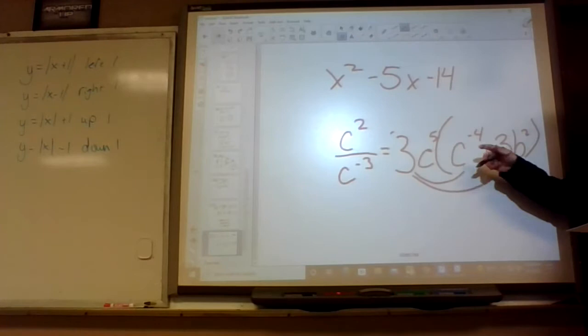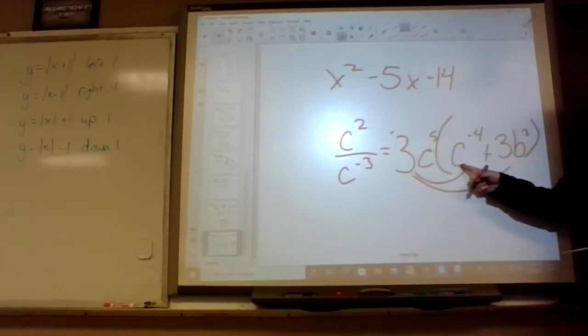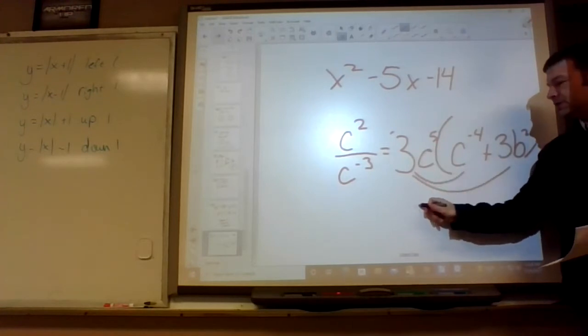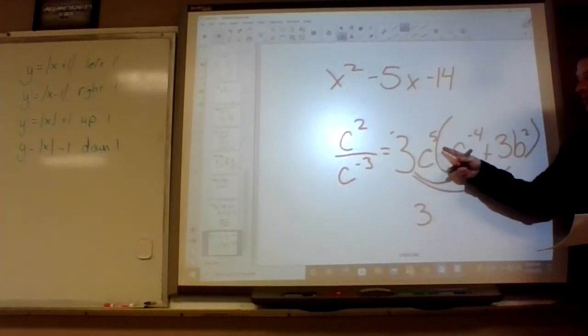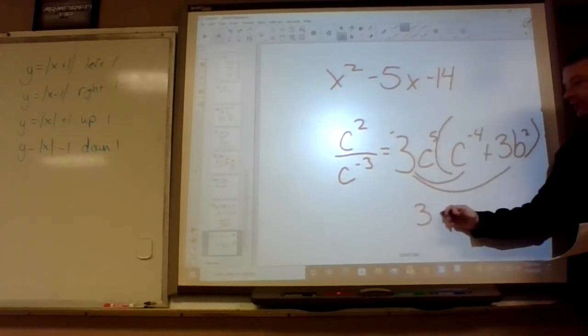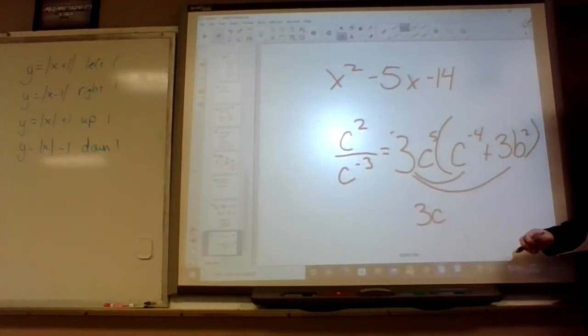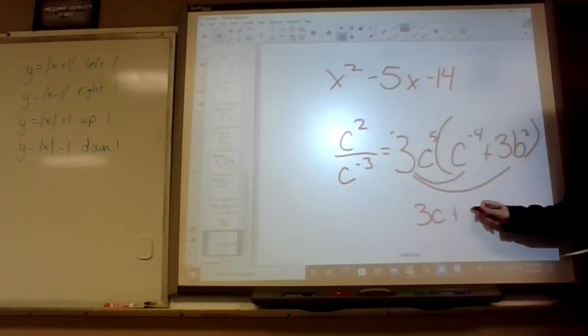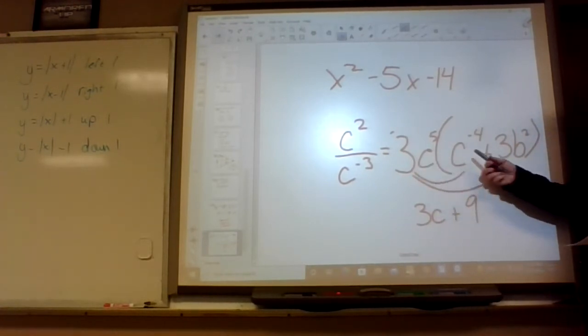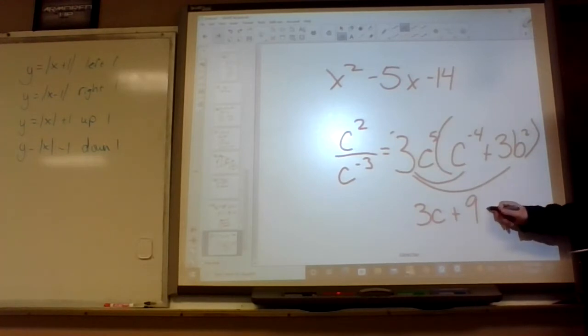Okay, what do we do with exponents when you do c to the 5th times c to the negative 4? Add. So 3 times c. The c times c would be c to the 5 plus negative 4, 1, which is just c. Plus 3 times 3, c to the 5th times b squared.